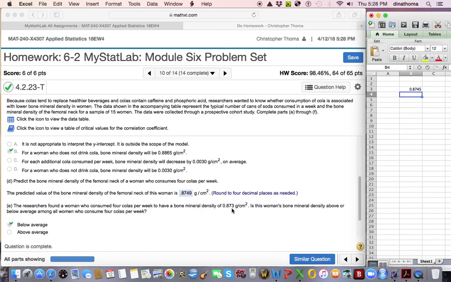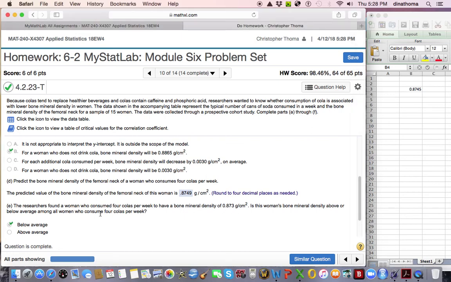We're going to compare what they have as an actual. The researchers found a woman who consumed 4 colas per week to have a bone mineral density of 0.873. So if we do 0.873, that is smaller than this number. So what are we really comparing? Because it's kind of weird here, right?